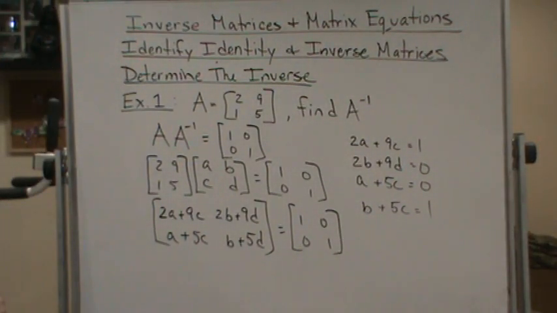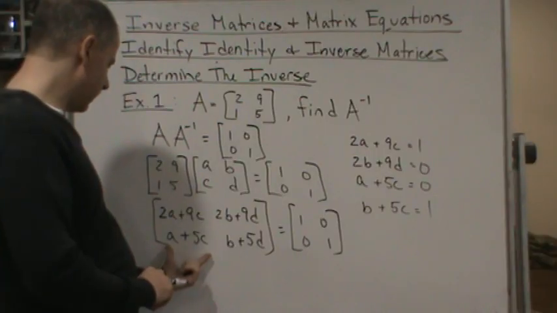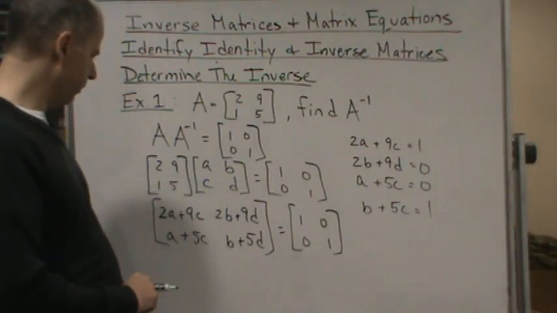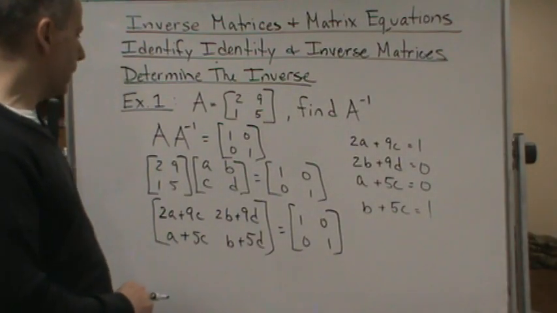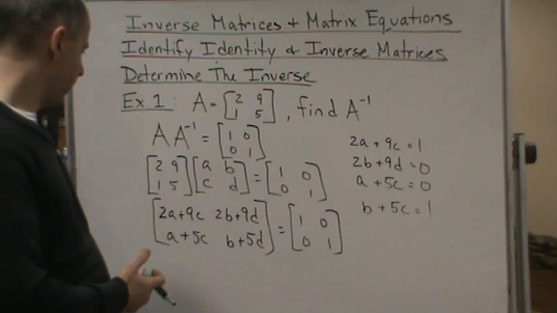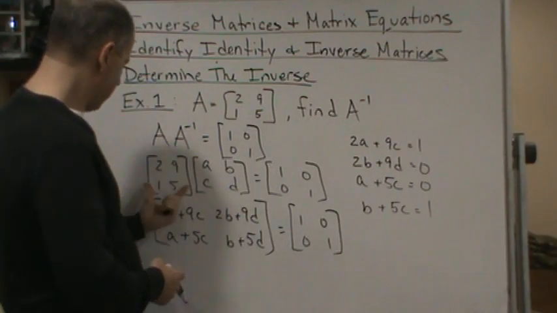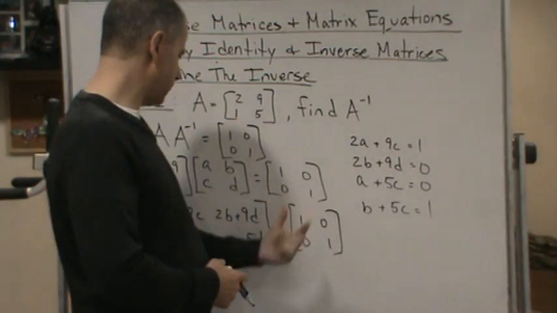Okay? Now, since these are repeated for each of these columns, we can write an augmented matrix using just this coefficient matrix here and this matrix here.